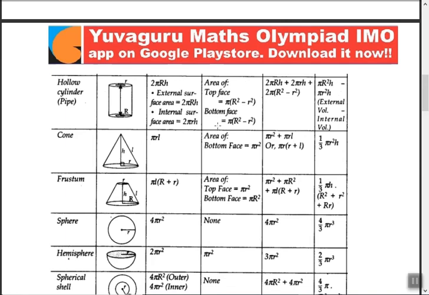Because top and bottom both surfaces have areas. So 2 pi into R square minus r square. This is the total surface area, and volume is bigger minus smaller, pi R square h minus pi r square h, external minus internal volume, meaning how much water can fit in this, minus the thickness.